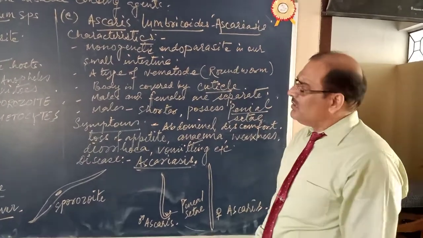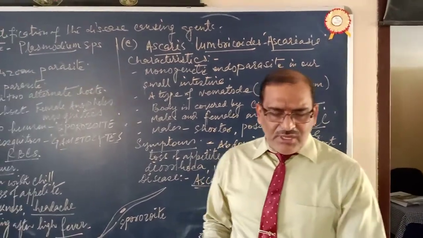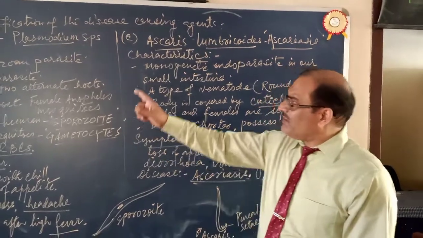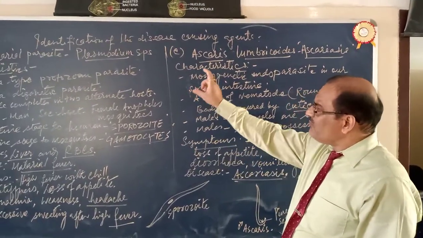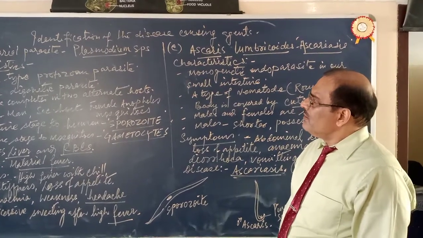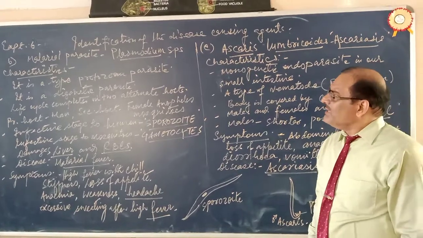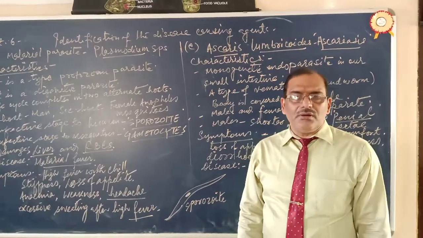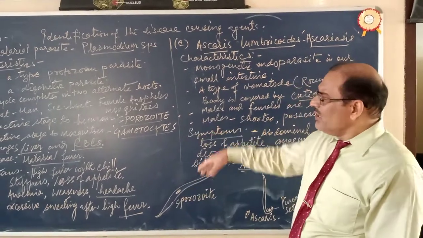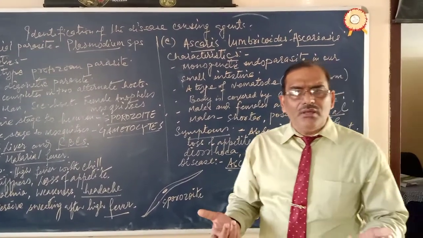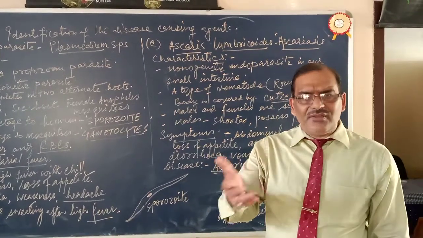So this way you have to write the practicals. How to write the practical? Let me explain. This is practical number 6. You have to write the name of the experiment, A, B, C, whatever we are discussing, and then the requirements. We study all these with the help of permanent slides or specimens, so a specimen or permanent slides and a microscope are required.